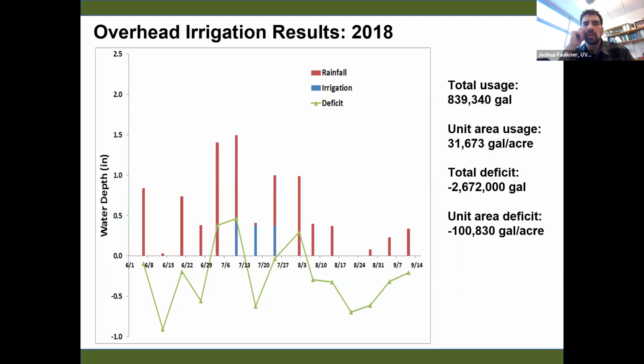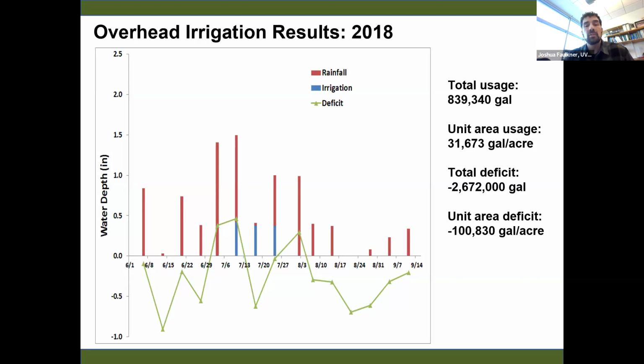Okay, so for the overhead irrigated fields, we used about 840,000 gallons of water during this period. That's about 32,000 gallons per acre, and we saw a deficit of 2.6 million gallons and a unit area deficit of 100,000 gallons per acre.